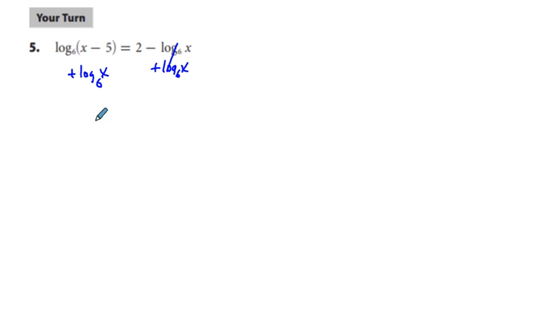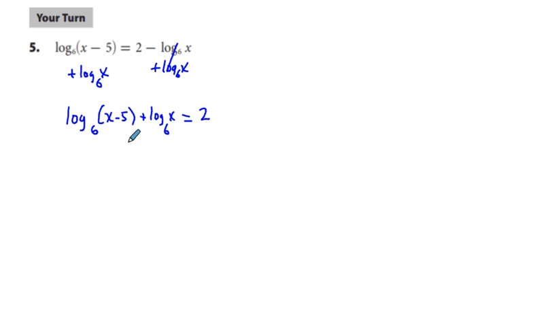what we're left with is log base 6 of x minus 5 plus log base 6 of x is equal to 2.